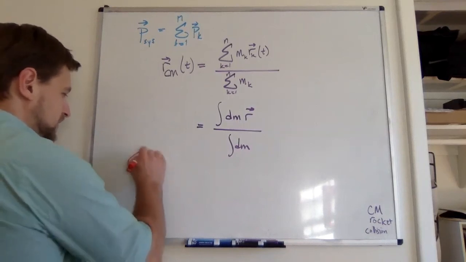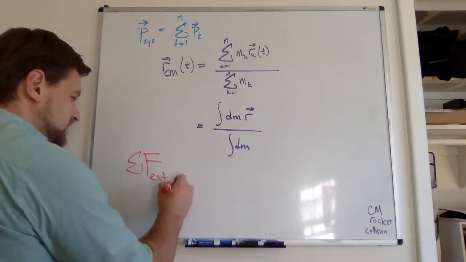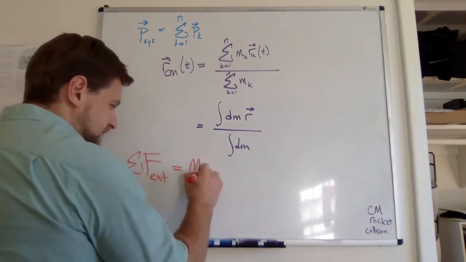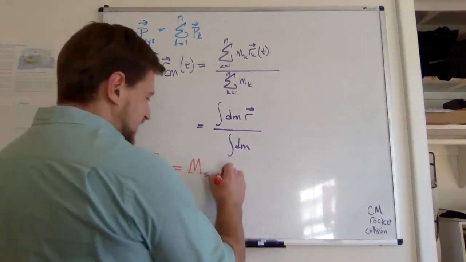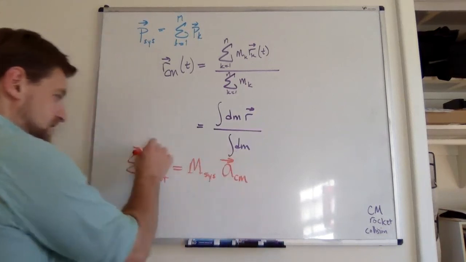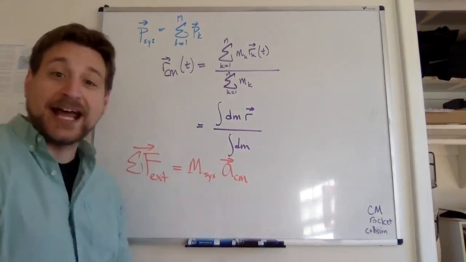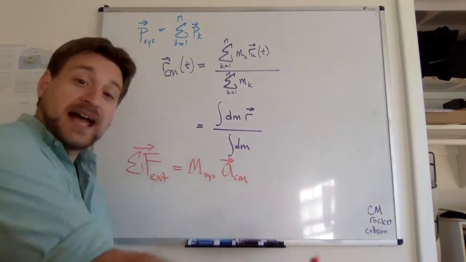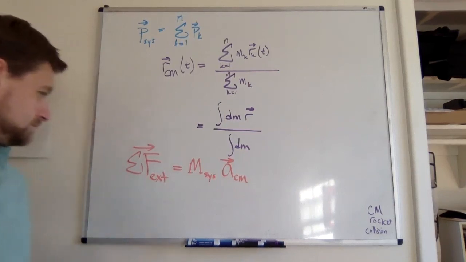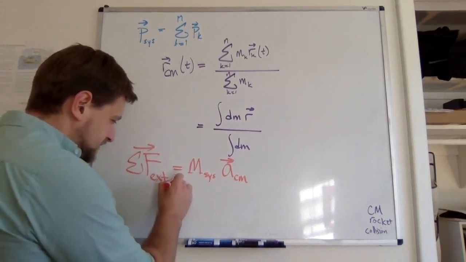The sum of the external force on a system is the mass of the system times the acceleration of the position, that is, the acceleration of the system entire, the acceleration of the center of mass of the system. Forces external to the system.